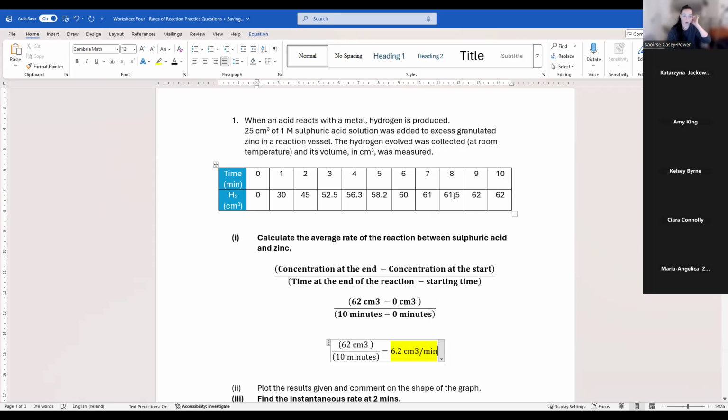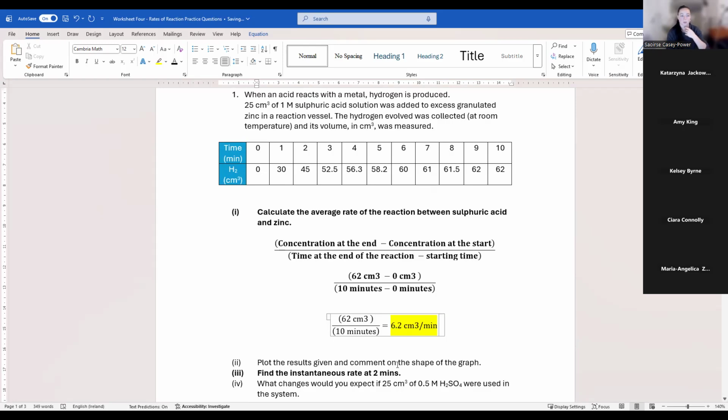What that means is that over the course of this entire reaction, on average, we formed 6.2 centimeters cubed of hydrogen gas every minute. Is everyone happy enough with that so far? Yeah. Perfect.